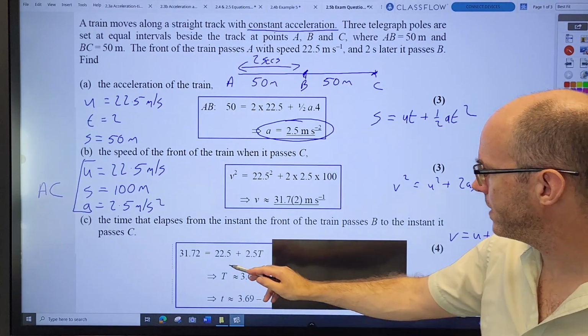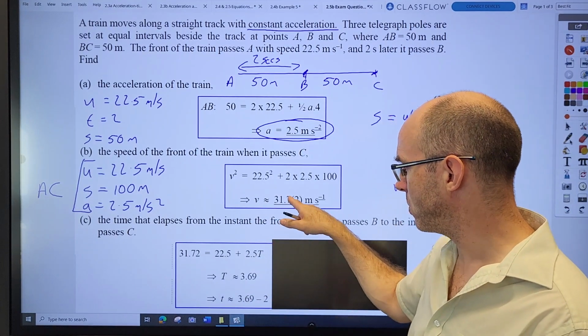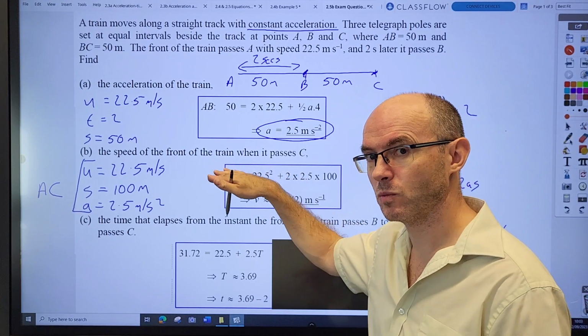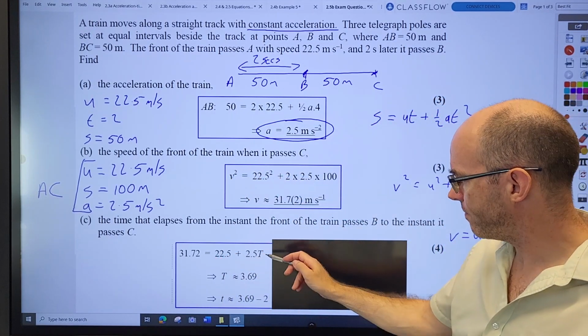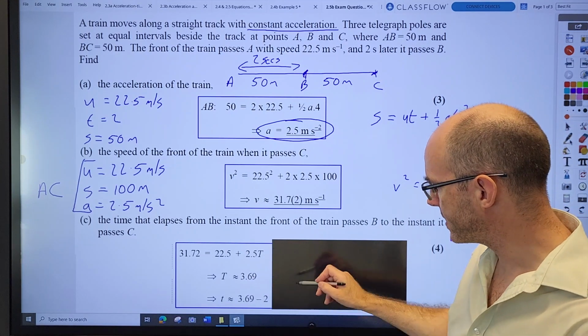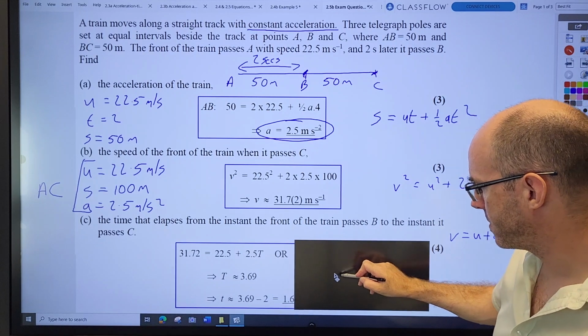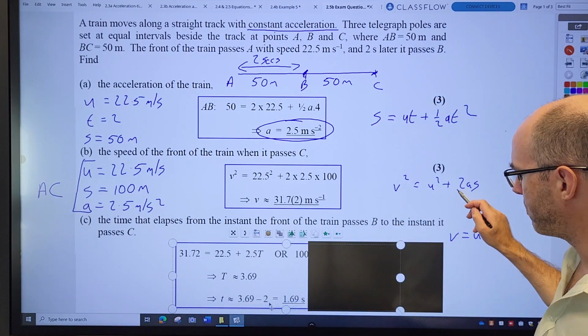So V is 31.7. Use the exact value, so don't round it to 31.7 or 32. Use the exact value found when you square root this, and then 22.5 plus 2.5t. The value of t is 3.69. As I said, you would subtract 2 from 3.69, so you get 1.69 seconds.